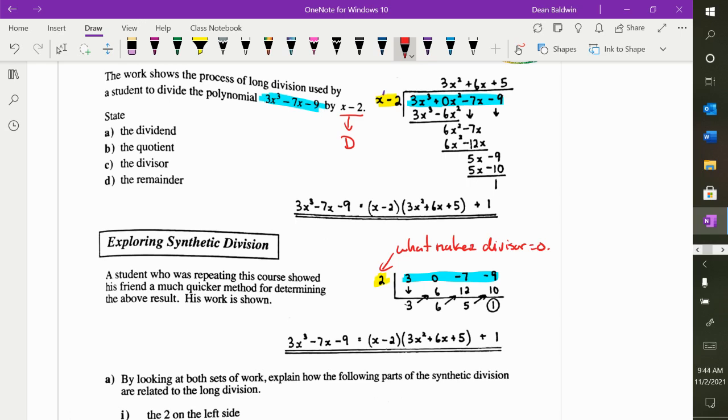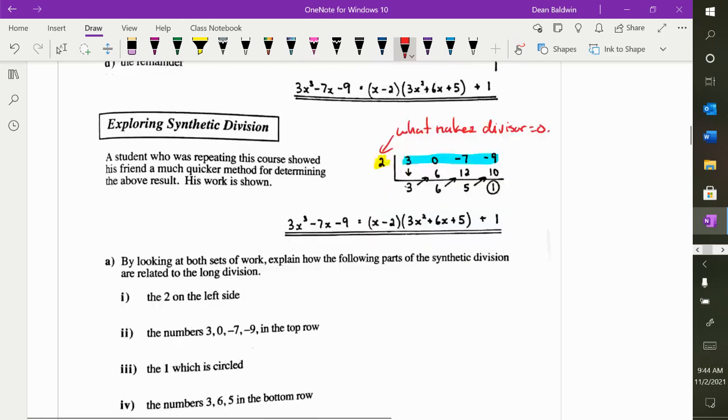Don't just flip the sign because there's a wrinkle later on. So just understand it's what makes that 0. And the rest of it, in long division, you're always subtracting. In synthetic division, you're always adding. So people seem to like adding better as well. So we're going to practice one on the next page.